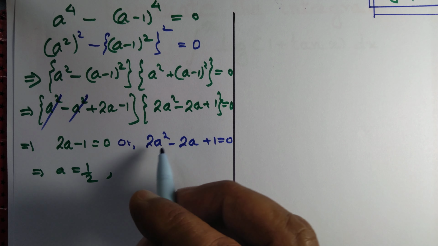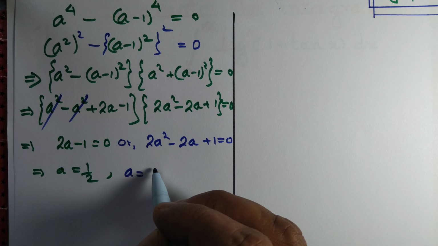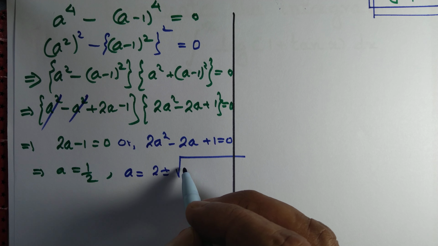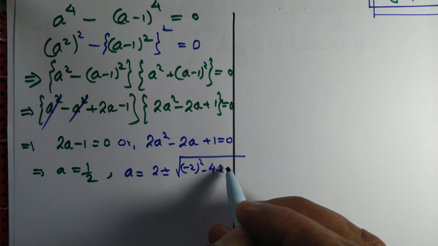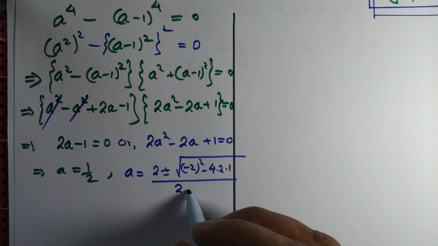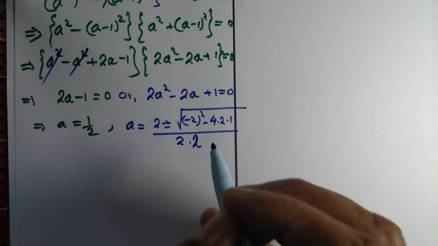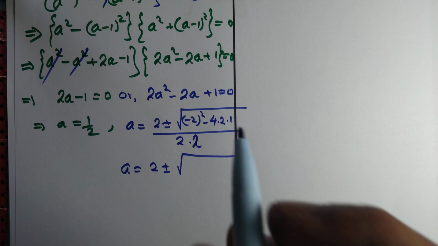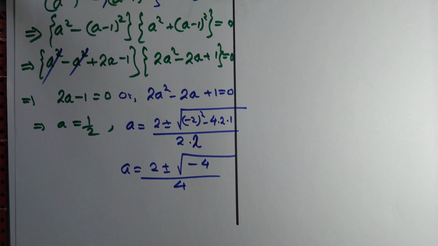This is a quadratic equation, so roots are given by a equal to minus b plus minus root over b square minus 4ac, so minus (minus 2) plus minus root over (minus 2) whole square minus 4 into 2 into 1, divided by 2 into 2. So a equal to 2 plus minus root over 4 minus 8, that is minus 4, by 4.